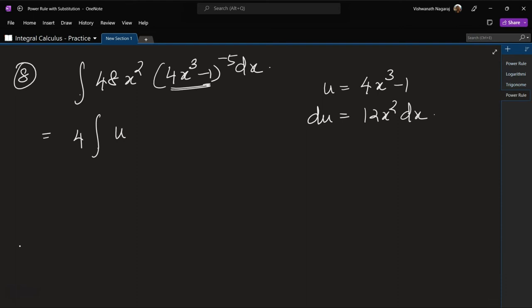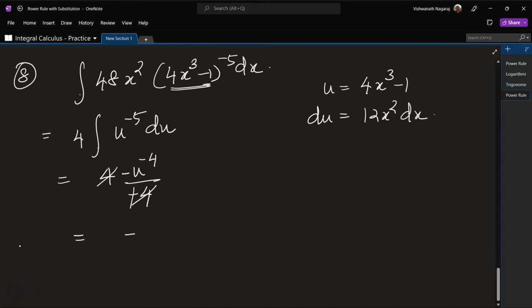So here we will have u to the power of minus 5 du, which gives us 4u to the power of minus 5 plus 1, which is minus 4, by minus 4. 4 and 4 cancel. The minus also cancels, but let's put it here, otherwise we'll forget it.